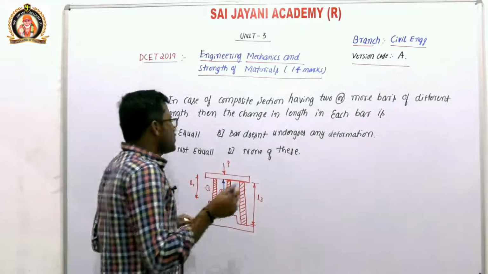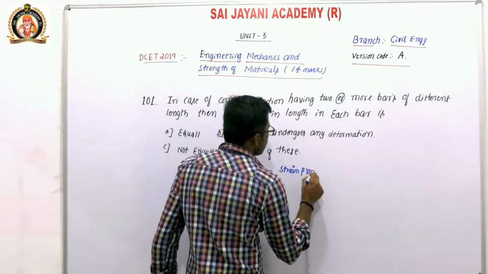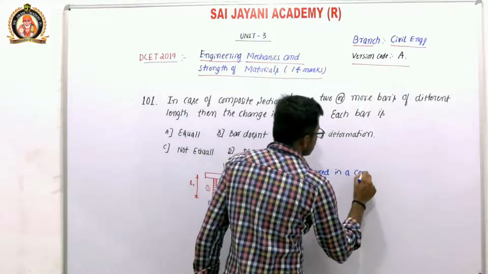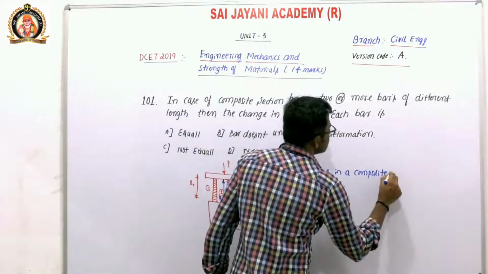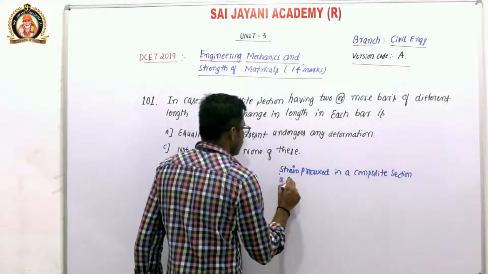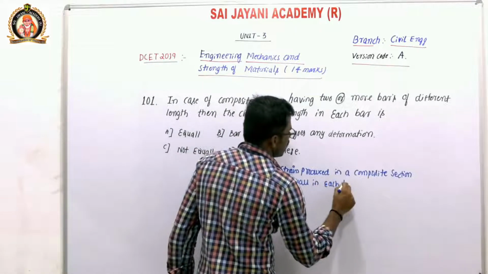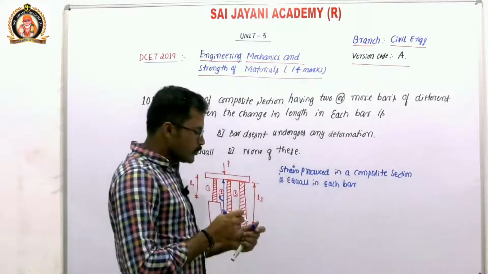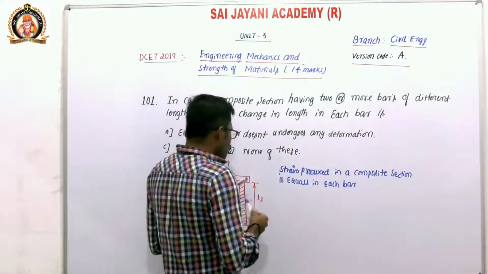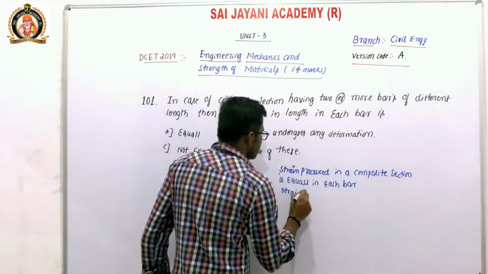So we know that the strain produced in a composite section is equal in each bar, which means the total strain, denoted by small letter e, is the same.